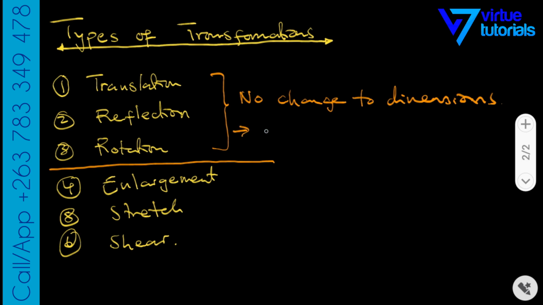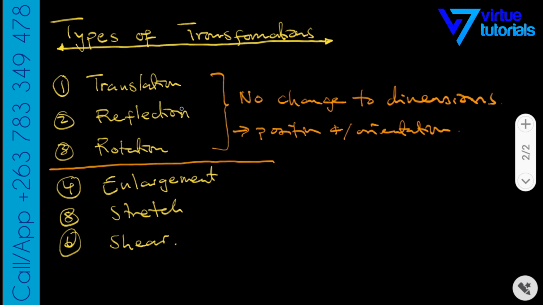The change happens in position and/or orientation, right? So the changes that will occur are where the shape is located, right? A translation is simply a movement of a shape to a new position.